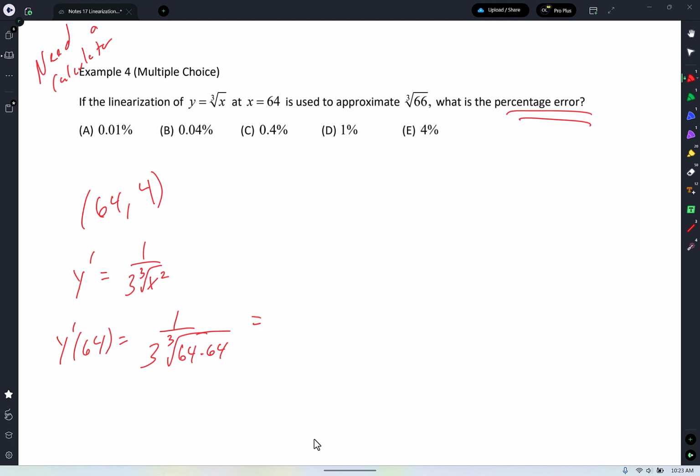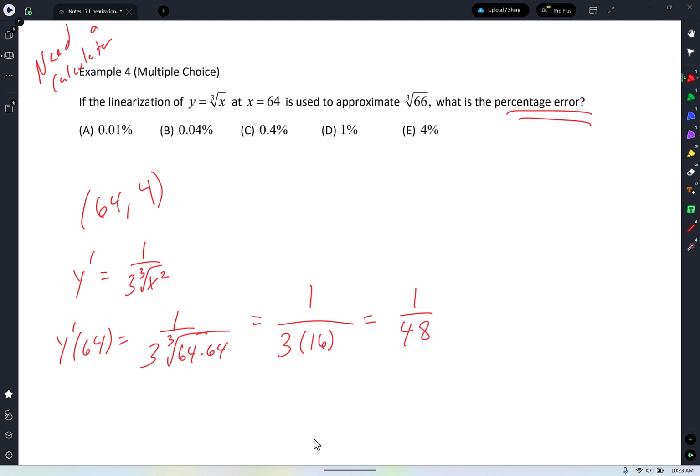I haven't done anything crazy, guys. 1 over 3. The cube root of 64 is 4. So I have 4 times 4, which is 16. Are we still okay? 16 times 3 is 48. So there's my slope.